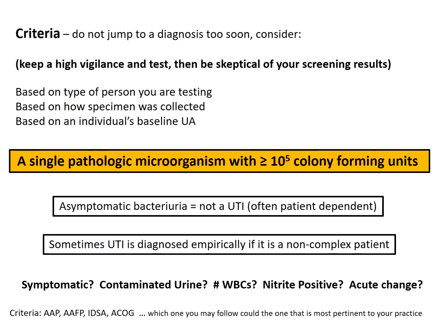There's a lot of different professional organizations that have put forward different criteria on diagnosing a UTI, but no matter who it is, whether it's family practitioners, OBGYNs, Infectious Disease Society, we all see the gold standard highlighted right here in the center of the screen.